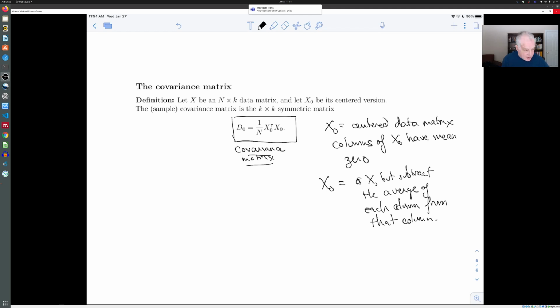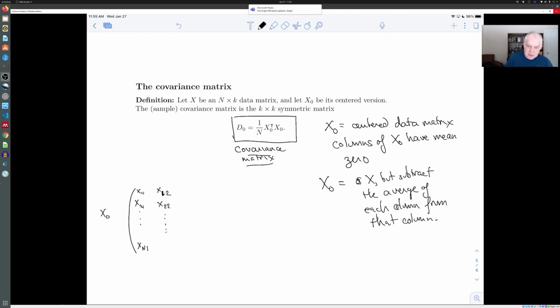And so to see exactly what's going on, let's think for a moment about what happens when you multiply X0 transpose times X0. So here's X0. It has the first feature here, and I'm just going to use the fact that we've already done the centering, so that the mean of each column is already 0.